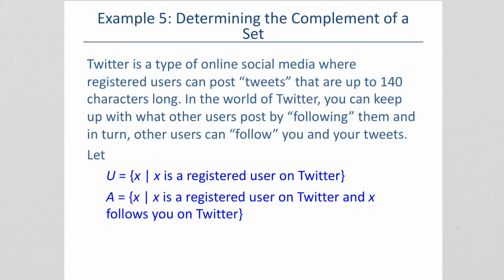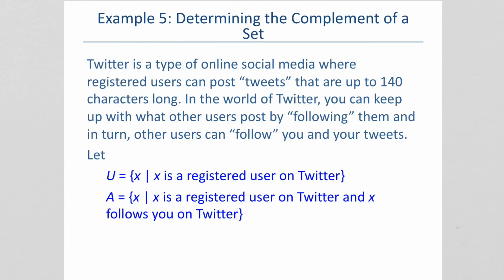So for example 5, it says Twitter is a type of online social media where registered users can post tweets that are up to 140 characters long. In the world of Twitter, you can keep up with other users' posts by following them, and in turn, other users can follow you and your tweets. So we're going to let U be X such that X is a registered user on Twitter.